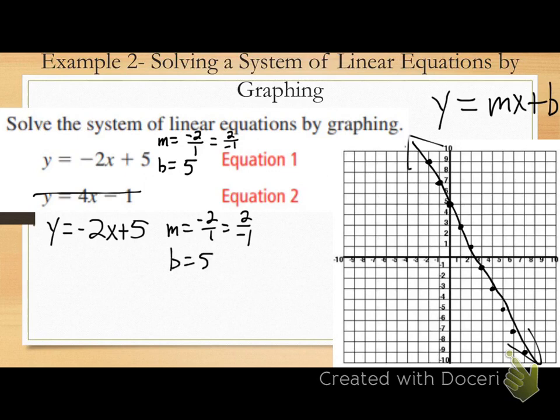So, they're technically two different equations, but if I graph them, they're just going to be right on top of each other, right? So everyone see that they would be intersecting at every single point. So what would my answer be here? Infinitely many solutions.